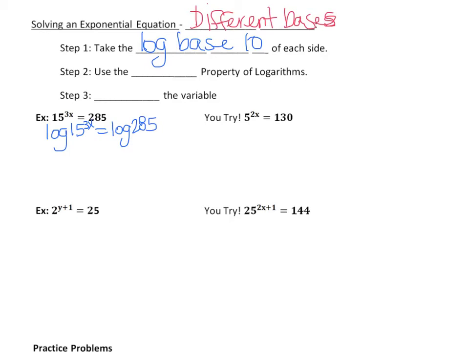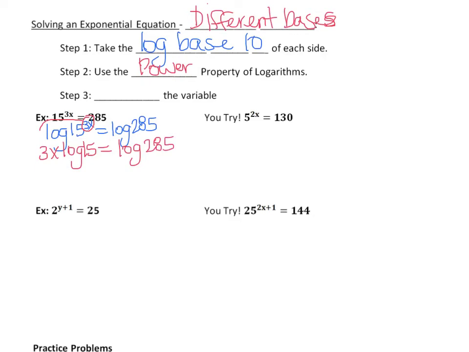Step 2, we're going to use the power property of logarithms. So we have this power of 3x, and we know that the power property tells us to put that in front. So 3x times log of 15 is equal to log of 285.